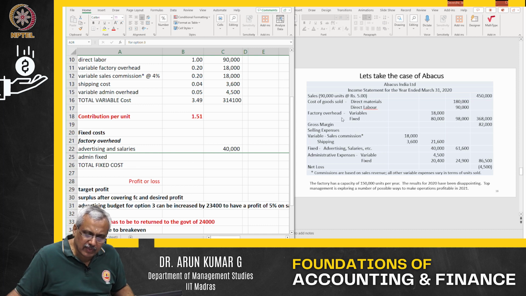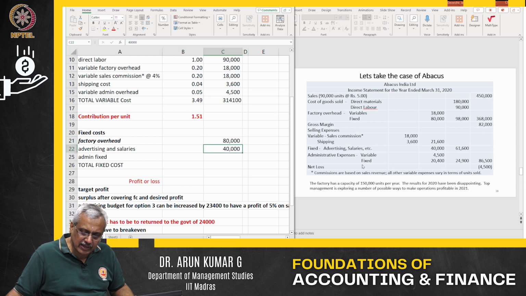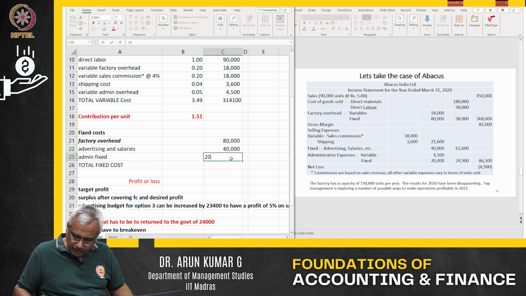Then I have my fixed factory overhead, which is about 80,000. My fixed admin is about 20,400. So, ultimately my total fixed cost is going to be this plus this out here. So, that is going to be 1,40,400.